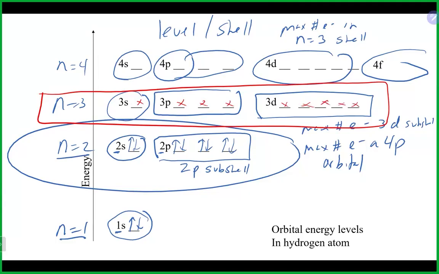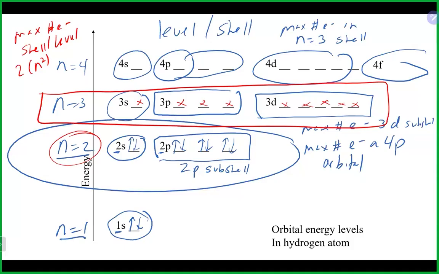By the way, if you don't want to draw it, for the maximum number of electrons in a shell or level, you could do 2 times n squared. 3 squared is 9, 9 times 2 is 18. We did this one a second ago: 2 squared is 4, 4 times 2 is 8. You want to square the n number first and then multiply it by 2, and that will tell you the maximum number of electrons on a particular energy level.